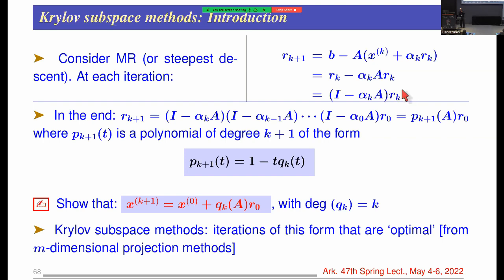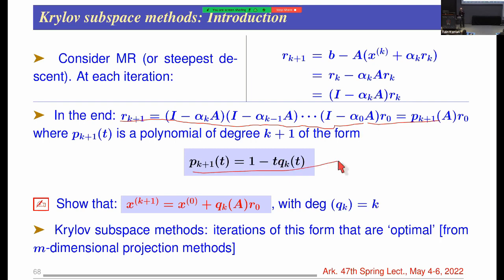And then r_k itself is a combination, could be written the same way, recursively, and you can end up with a formula like this. So this is essentially a polynomial of A times r_0, and that polynomial has a value of 1 at 0, so it's of this form.